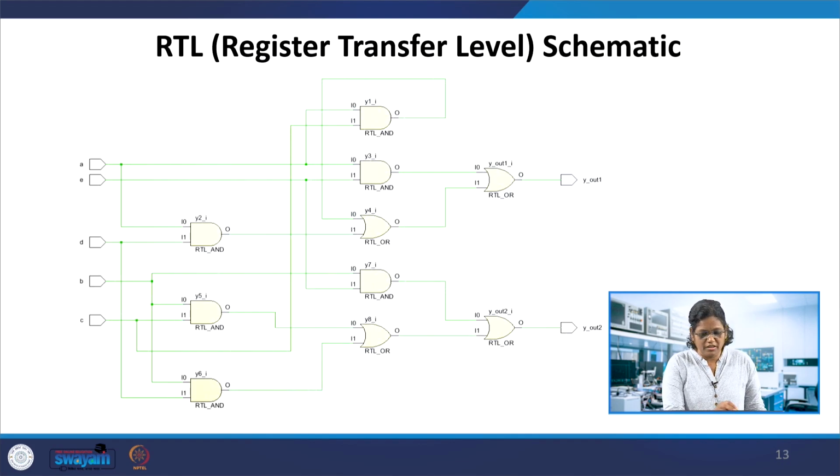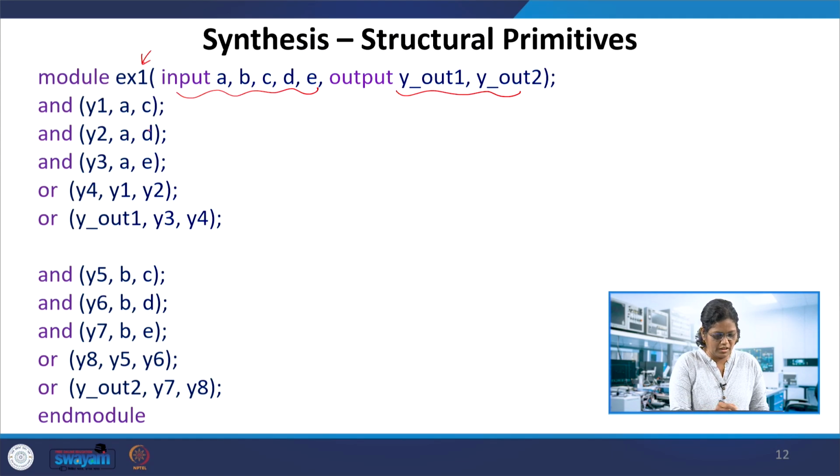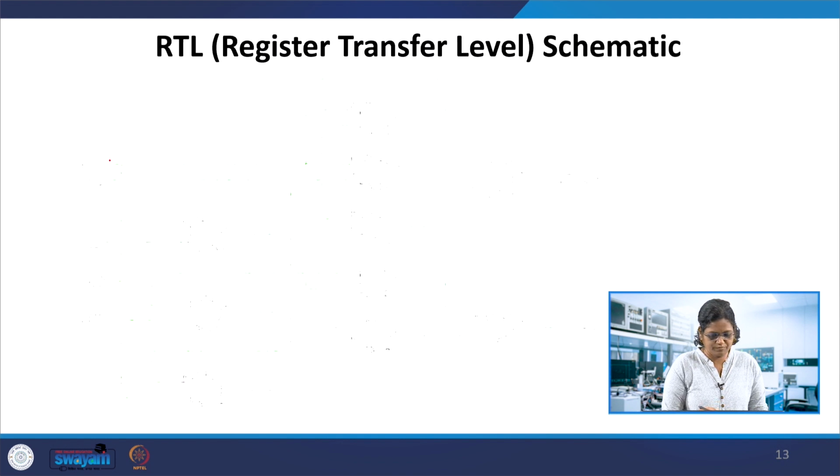If you see the RTL, register transfer level, schematic of the code, just run the RTL analysis in the simulator environment. A and E, from this code, you can see A and E, which is for y3.